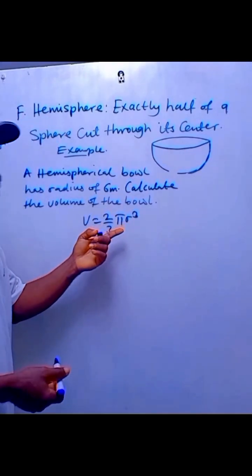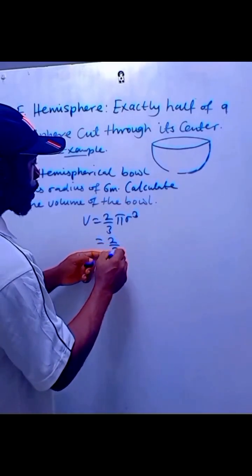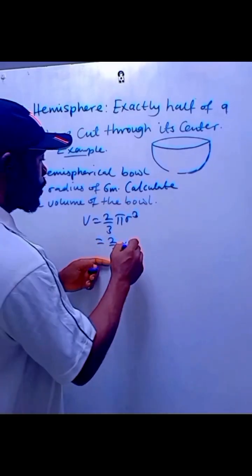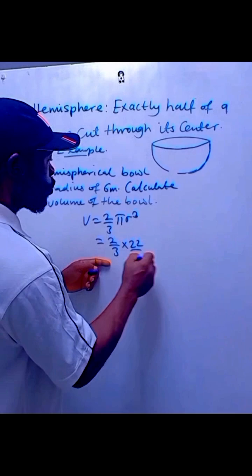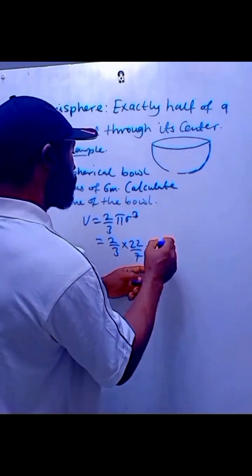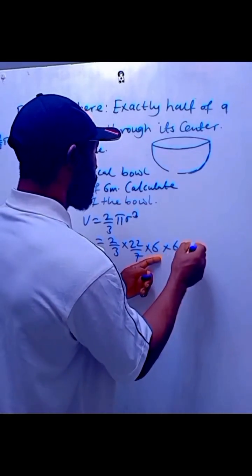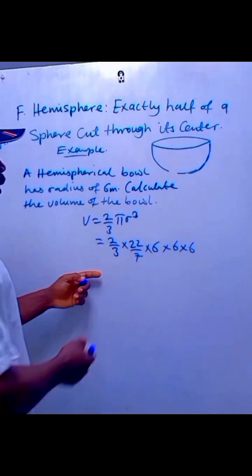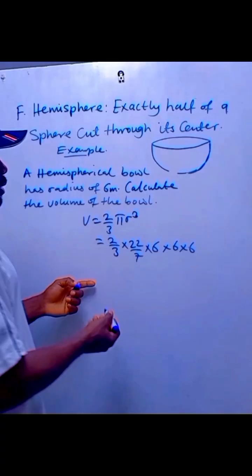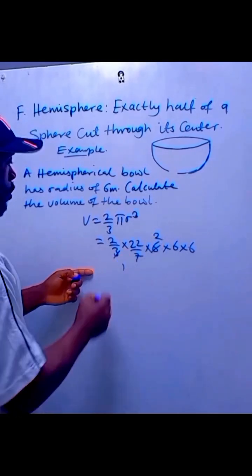If we substitute values into this equation, the equation becomes 2 all over 3 multiplied by the value of pi, which is 22 all over 7, multiplied by 6 multiplied by 6 multiplied by 6. Therefore, 3 will divide 6, 2, 3, 1.